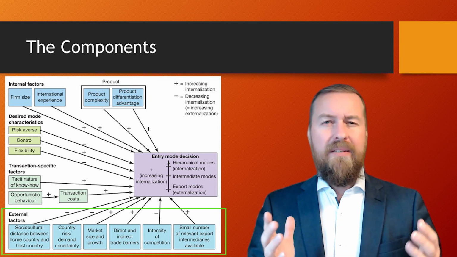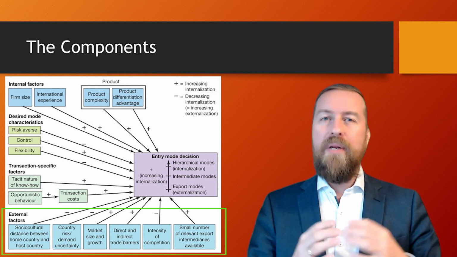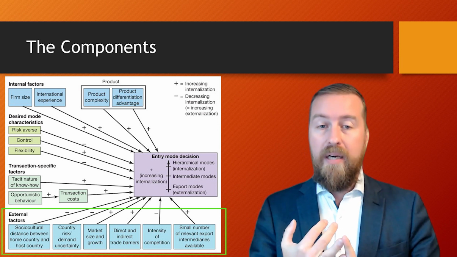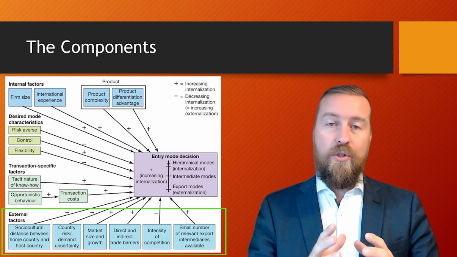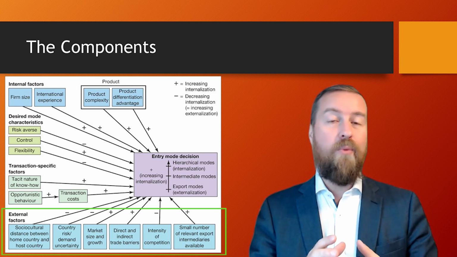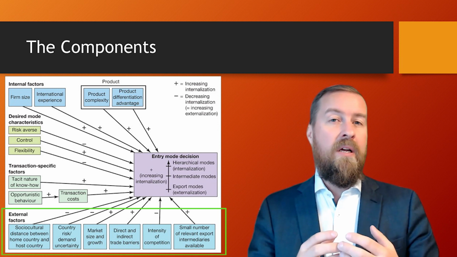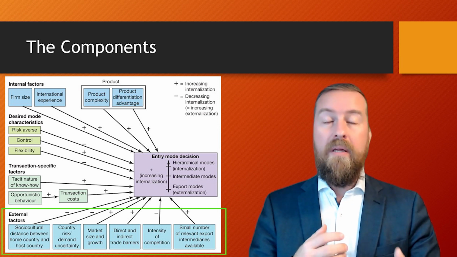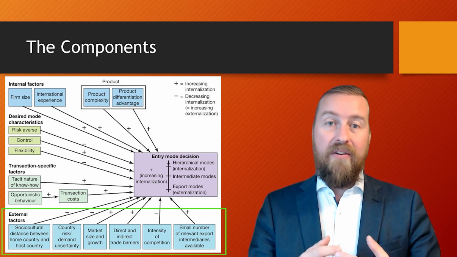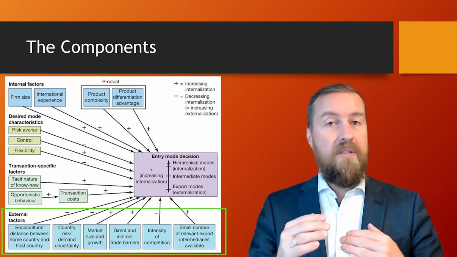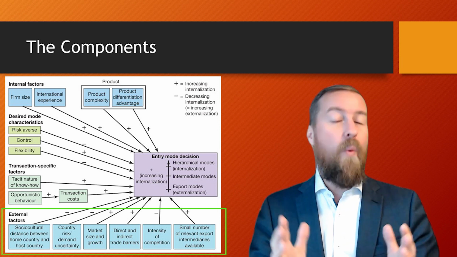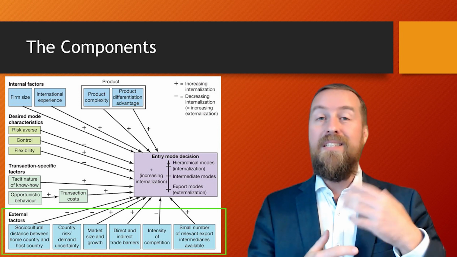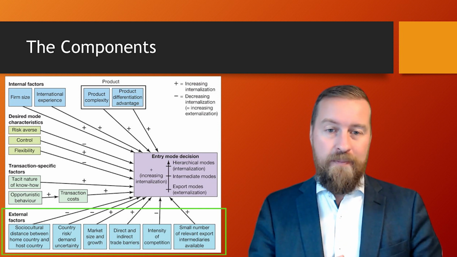And here we are doing a combination of our regular country analysis and market analysis. Sociocultural distance between home country and destination tells you something about how easily we will be able to work together, because country distance will always tell you something about complexities in communications.